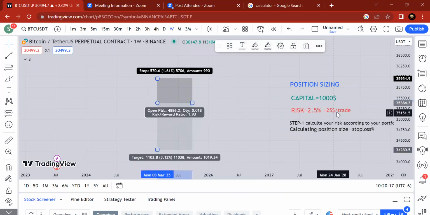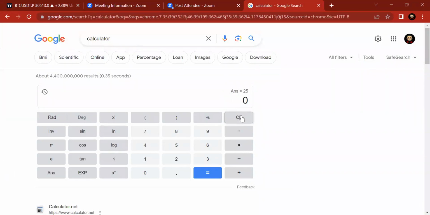I know that I will risk $25. That will be a total risk of 2.5% of $1,000. Now I know that the stop loss percentage is 1.61%. Okay, I know everything now. What should I do? Come back to the calculator. How much are you risking? That is $25.